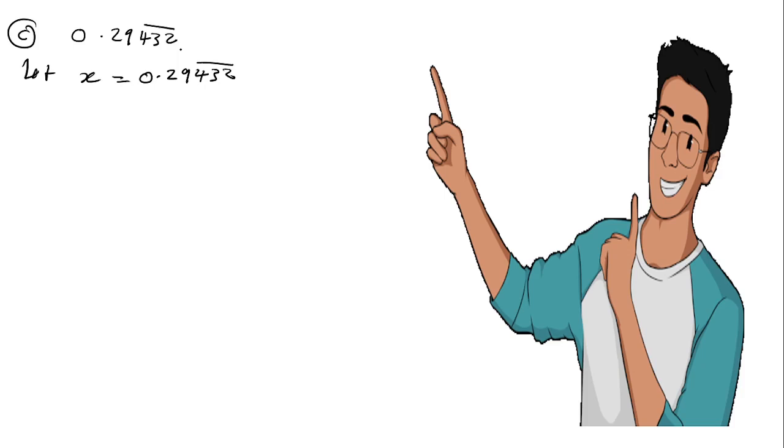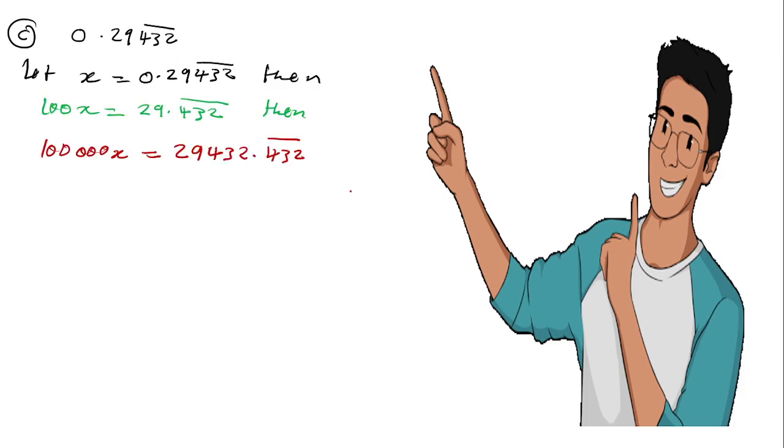So you are going to say 100,000x is equal to, everything will close, so it's 29,432.432 bar, like that. Is that okay?